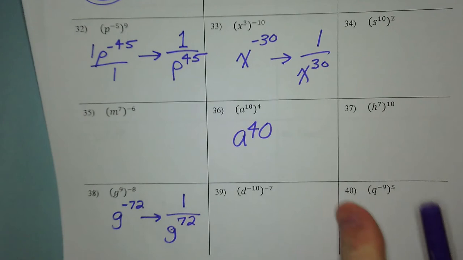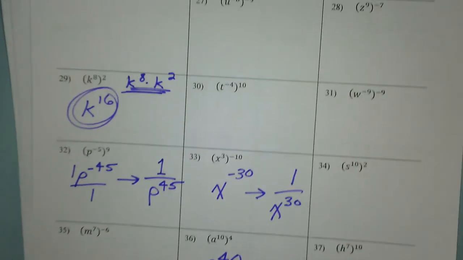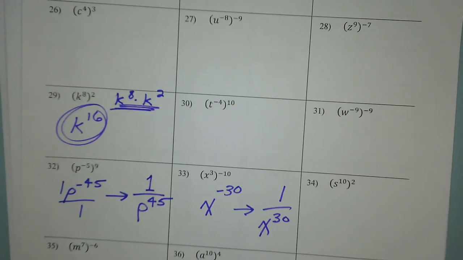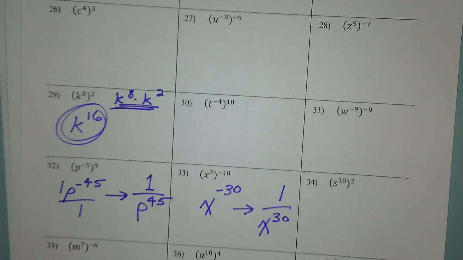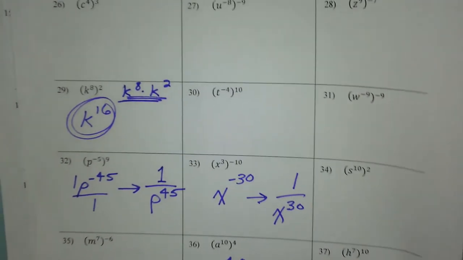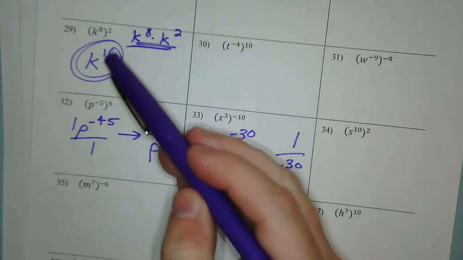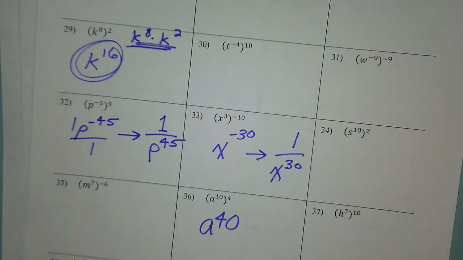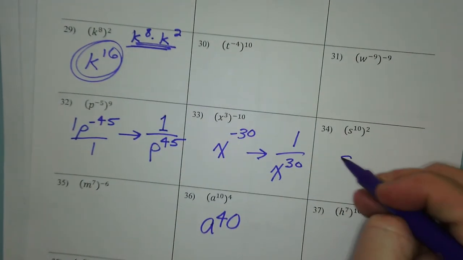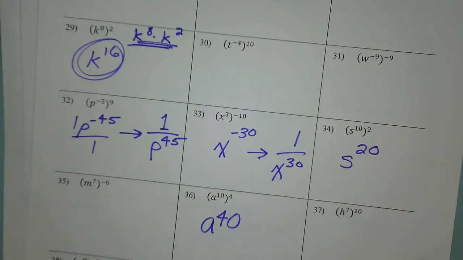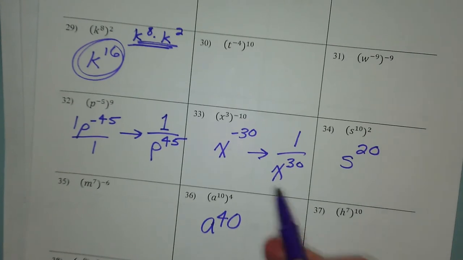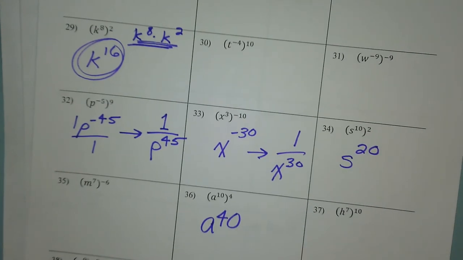There are no other tricks that pop up on page 3. They're all just power to a power. Number 29, you were done. Number 34, it's s to the 20th, and you're done. But if you have a negative power, you have to fix it. Okay. Moving on to page 4.